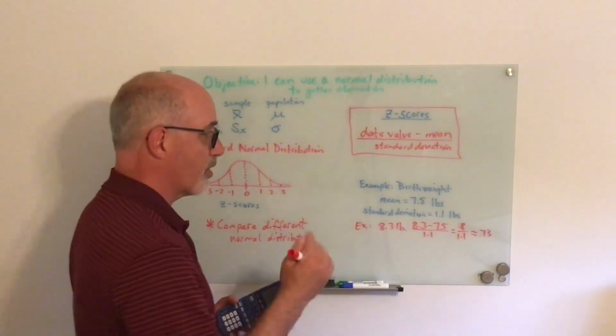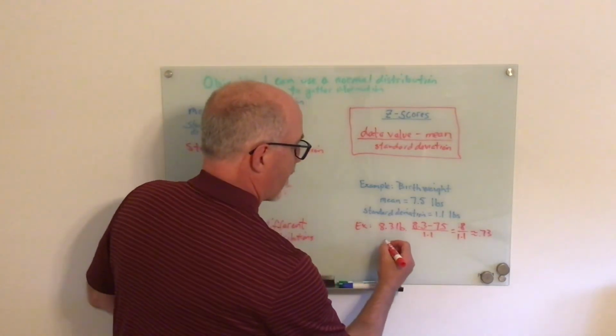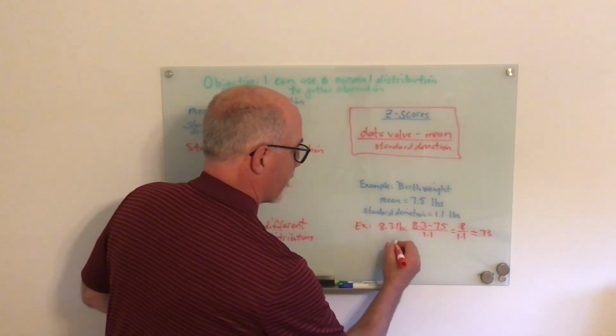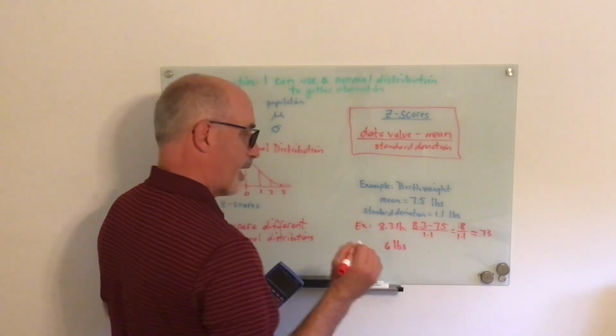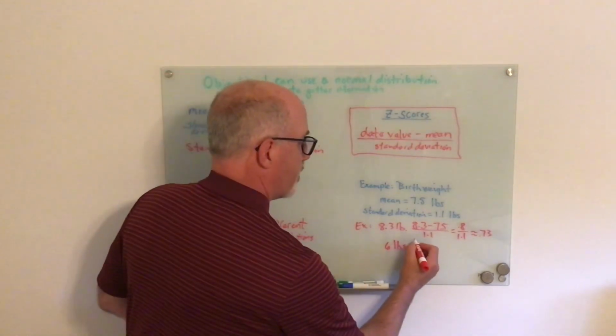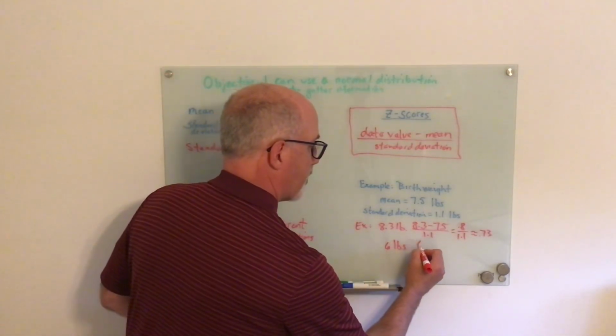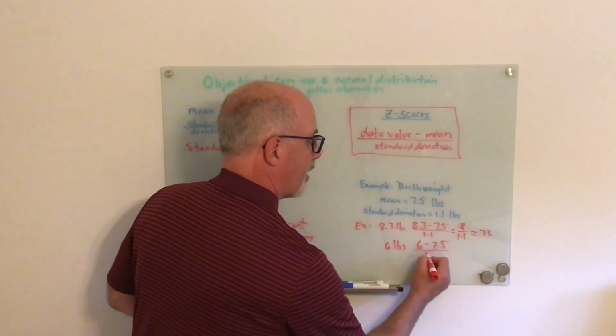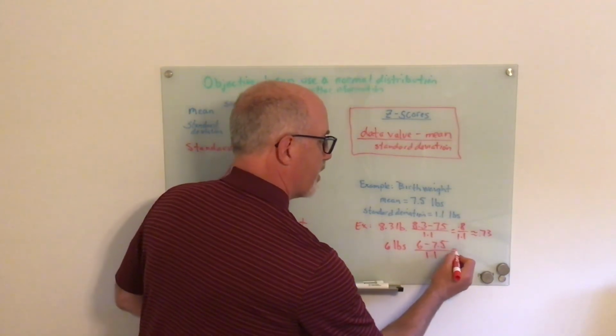Let's say we have one below the mean weight. So let's say we have a newborn that is 6 pounds. Again, all you do is you find your z-score by taking the 6 pounds, subtracting the mean, which is 7.5, and dividing by the standard deviation.